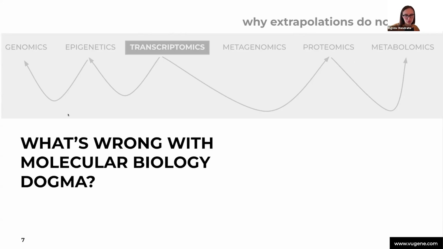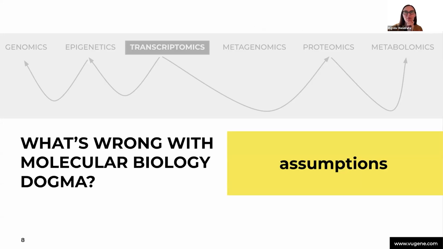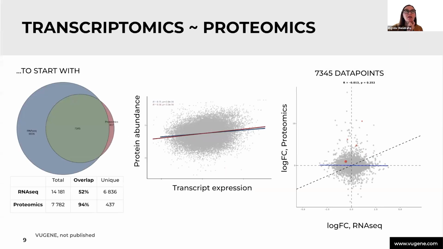And I think before I joined Vugene, coming from a molecular biology background and bioinformatics into multiomics, a lot of people are not aware that the molecular biology dogma, DNA, RNA, protein, and everything in between, is actually not fully correct. So I just want to show you today some examples of why these assumptions actually do not work, and the assumptions that we have within molecular biology dogma are problematic.